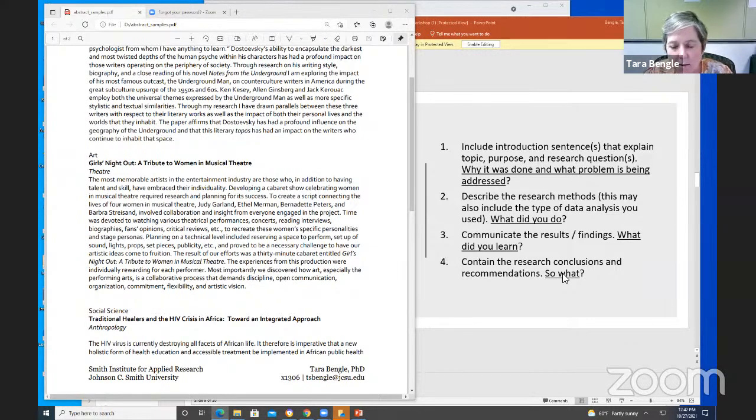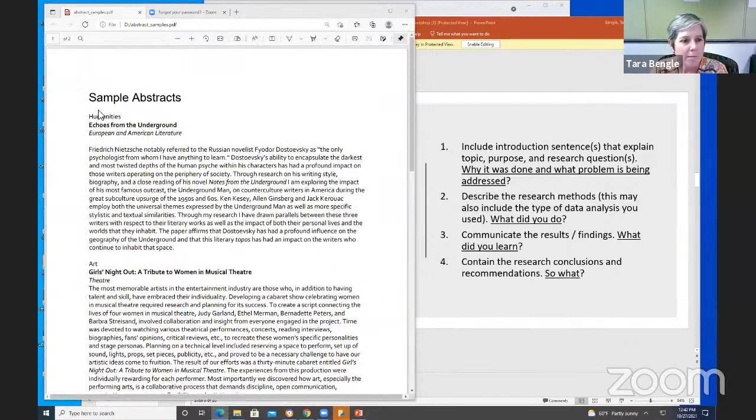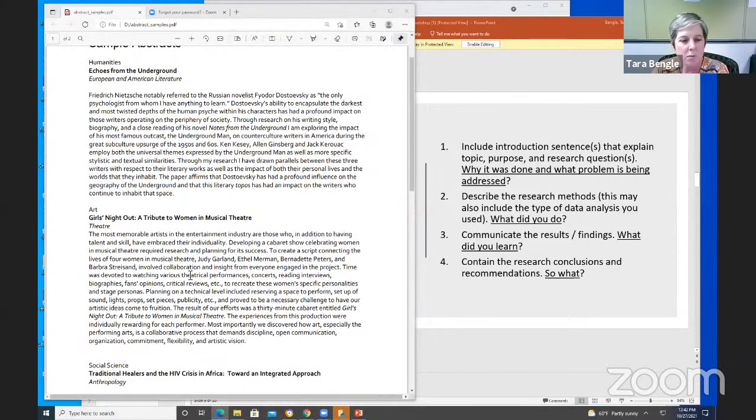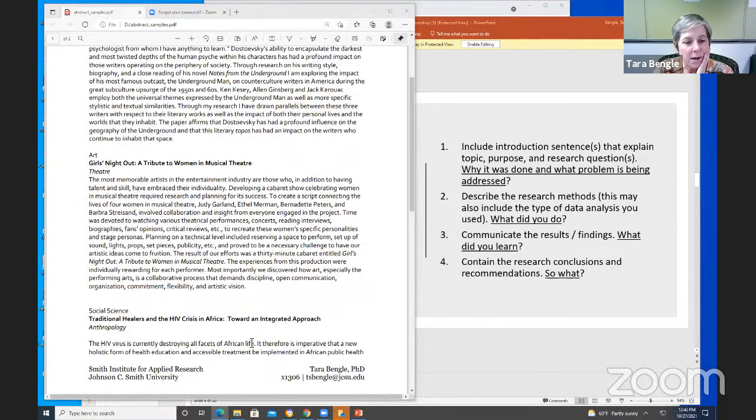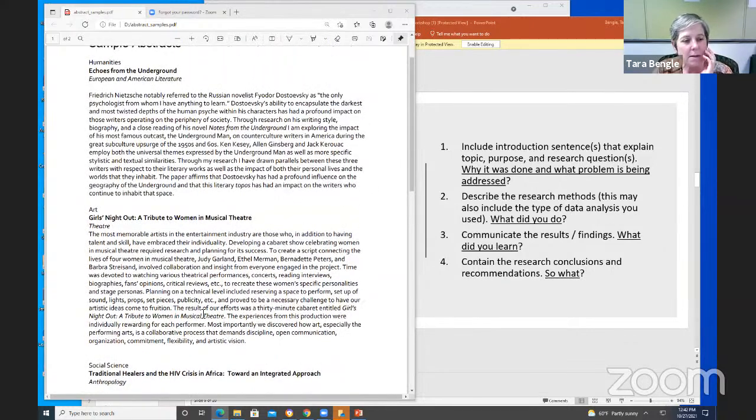And so Isaiah, I was just walking him through an example here using this humanities example, since you all are in Dr. Ree's class, and that's what she has you working on: reading a novel and writing a research paper about that. We also have this other example here, an art example from a theater student.